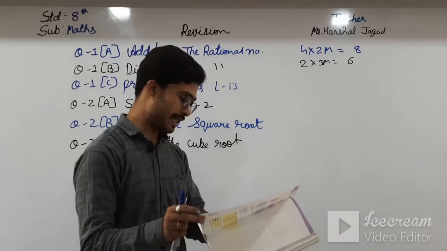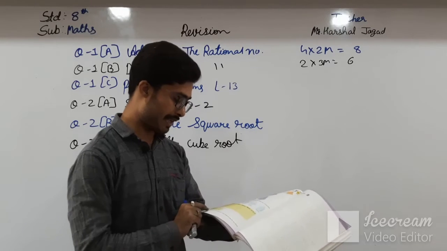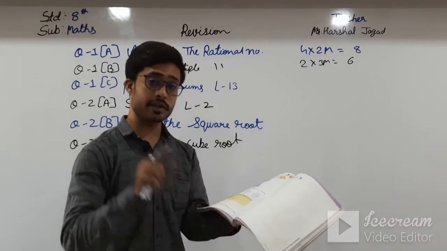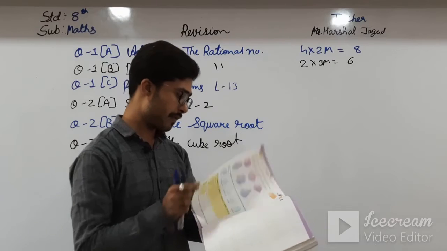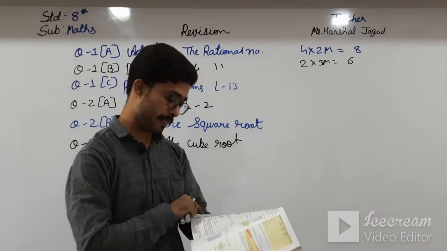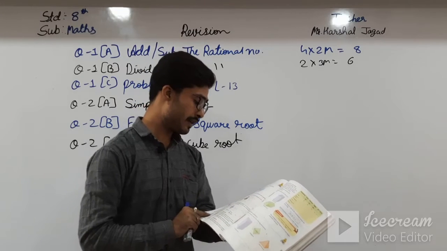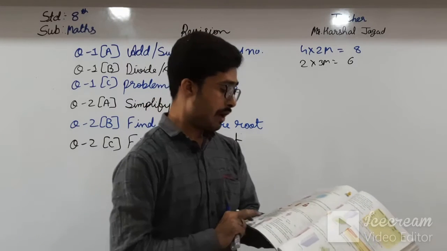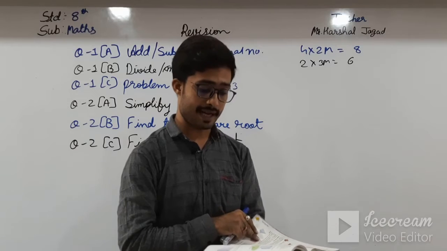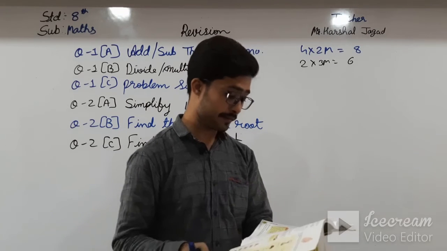So you can see that problem sums can be asked like this. Question number 5, here in problem sums. See here, in the problem sum, what is to be asked, I am telling you, students.